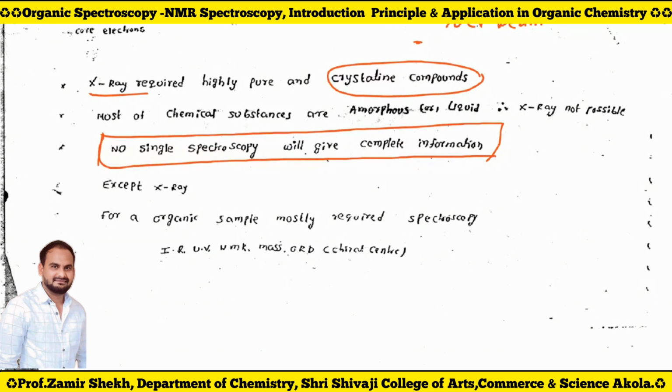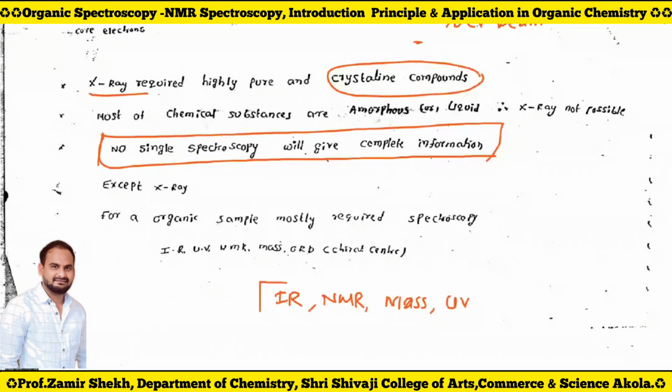Whenever you want accurate information, you must proceed with more than 3, 4, or 5 spectroscopic techniques. If you are dealing with an organic compound, we have 4 principal techniques: IR, NMR, mass, and finally UV.